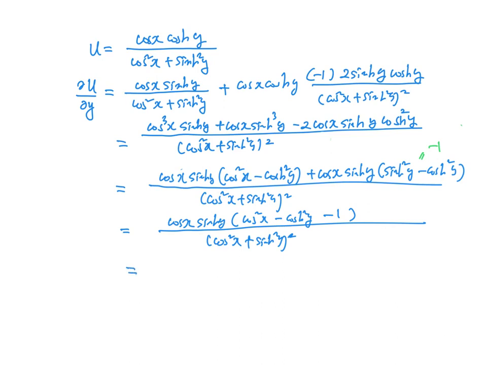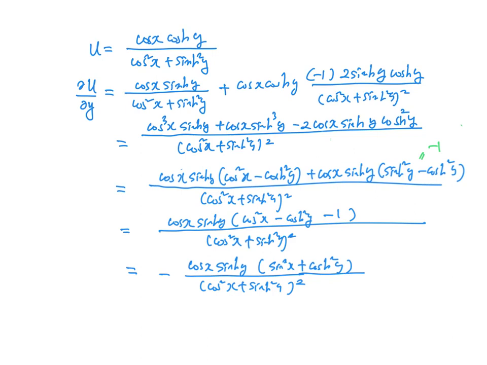So that's minus sign. Minus over cosine square x plus sine square y square, cosine x sine hyperbolic square y, sine square x plus cosine square y. This is correct, right? Right.